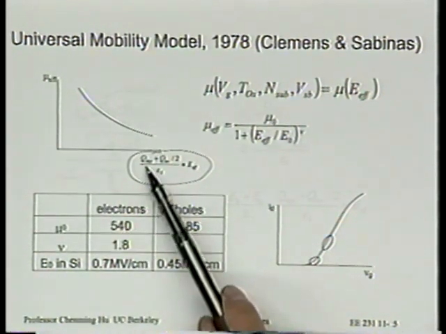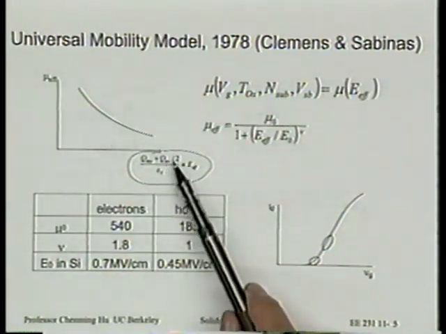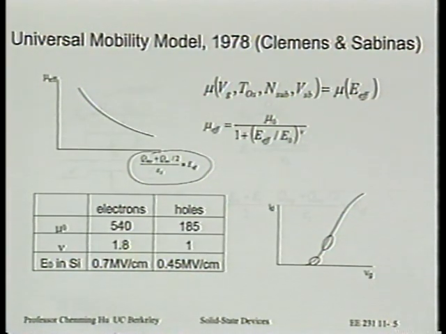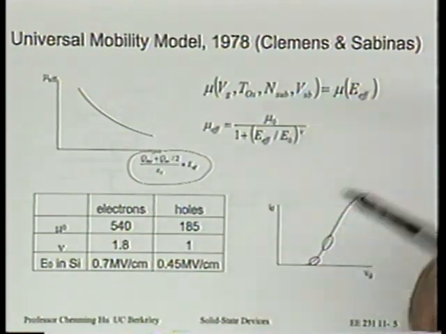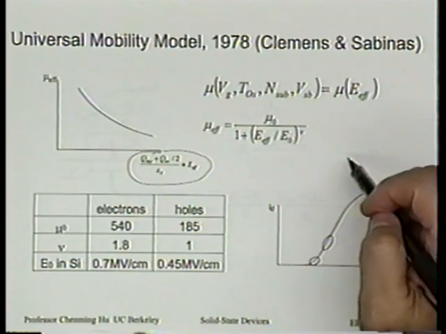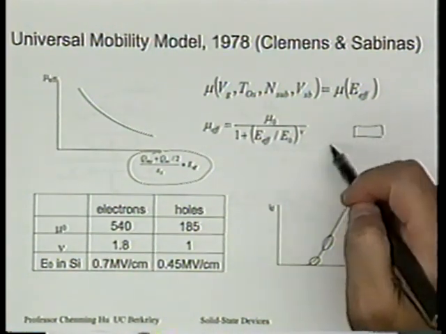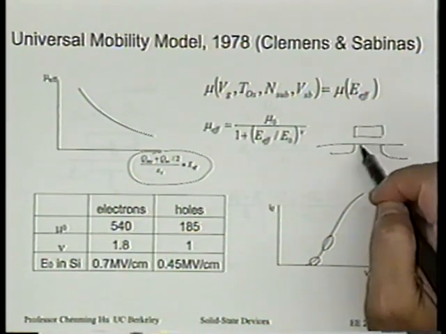So what's the meaning of Q depletion plus Q inversion over 2? There's a very simple interpretation. The interpretation is that it's the average of the electric field underneath the inversion layer and on top of the inversion layer.